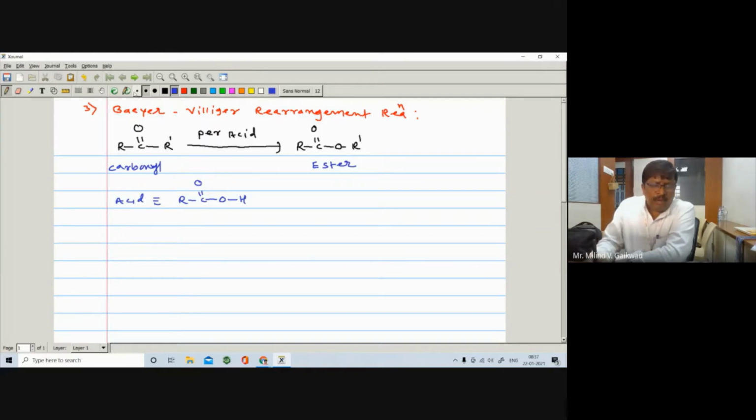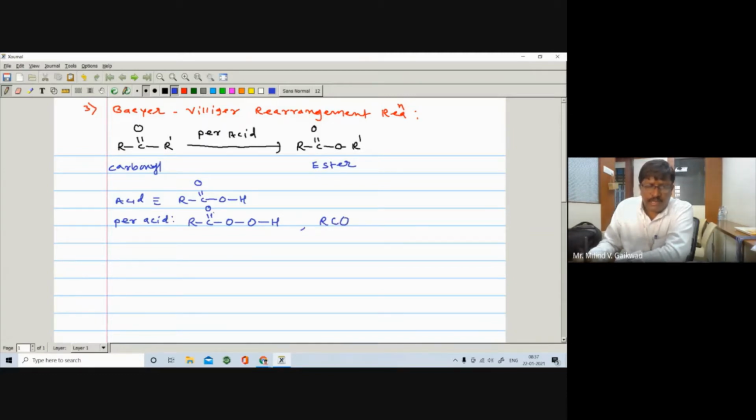And per acid means you just add oxygen in between the oxygen and hydrogen, right? So you are getting one more extra oxygen, R-C double bond O and O-H. So it is called a per acid. It is also written like this, R-CO3H.